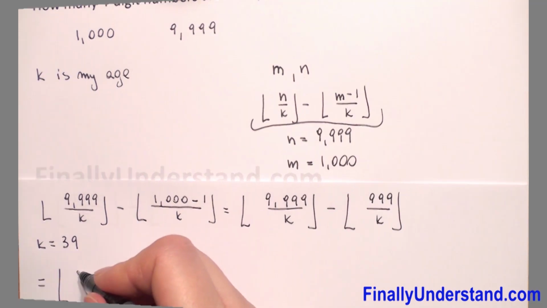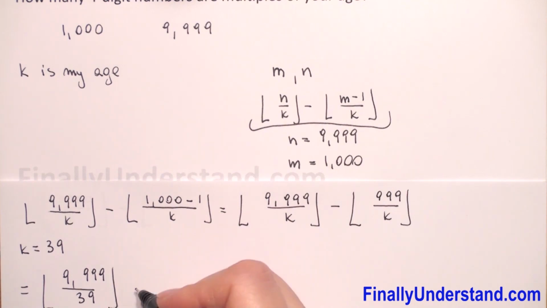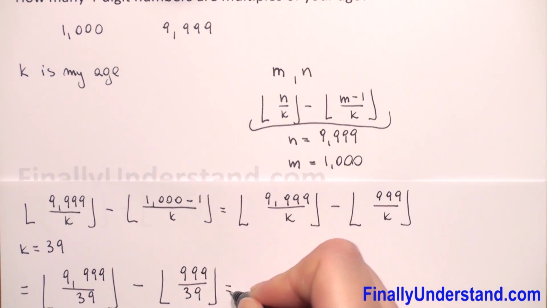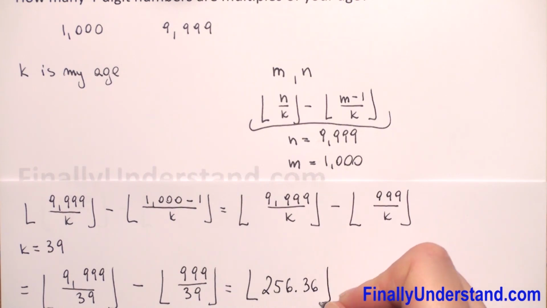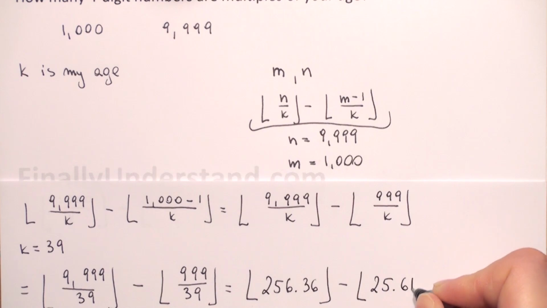We have floor of 9999 divided by 39 minus floor of 999 over 39. 9999 divided by 39 is approximately 256.36, and 999 divided by 39 is approximately 25.61.